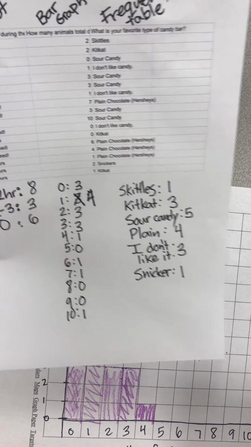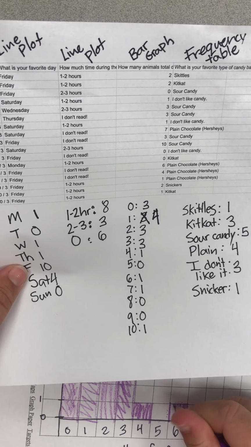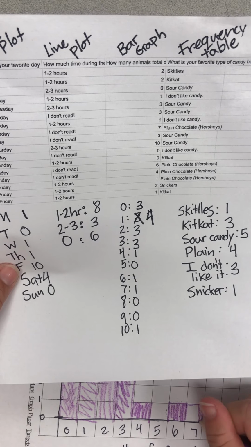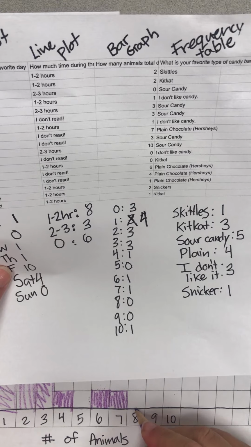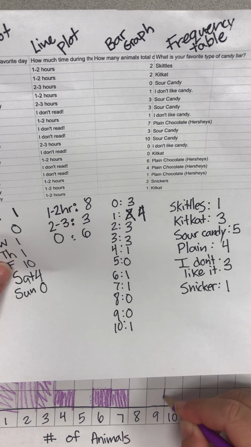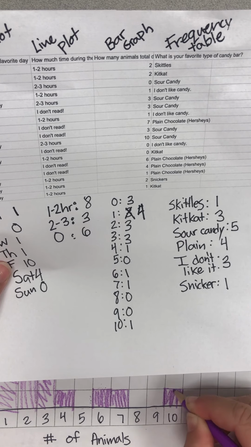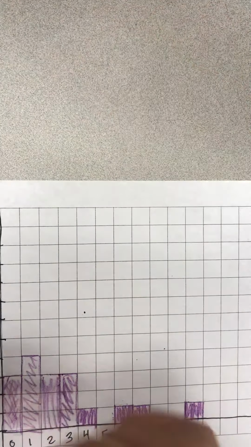We had 1 person that has 6. See, I skipped my 5. We have 1 person that has 7. We had 0 at 8, 0 at 9, and then 1 at 10. So this is my bar graph. We're going to put a title on it.